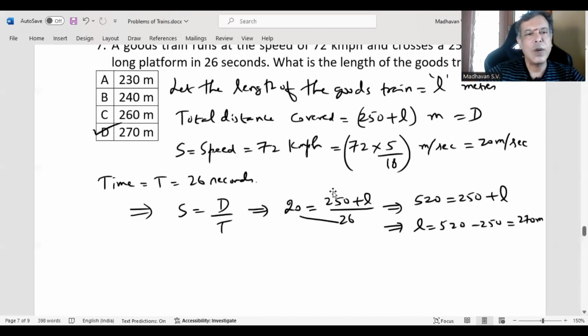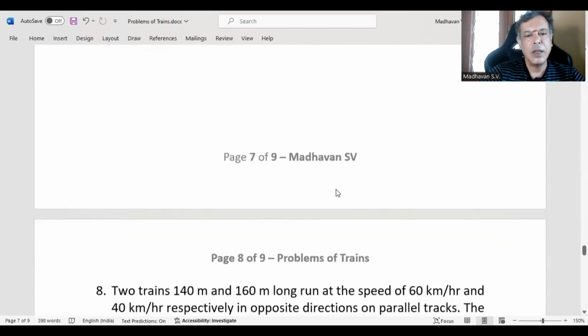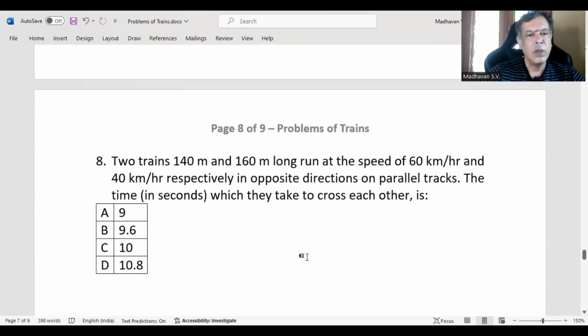Let us move on to the next one. Question number 8. Two trains, 140 meter long and 160 meter long, run at the speed of 60 km per hour and 40 km per hour, respectively, in opposite directions on parallel tracks. The time in seconds which they take to cross each other is what? So let us take the relative speed.